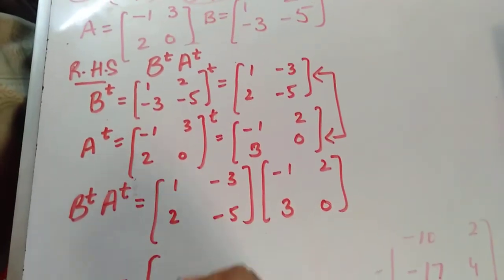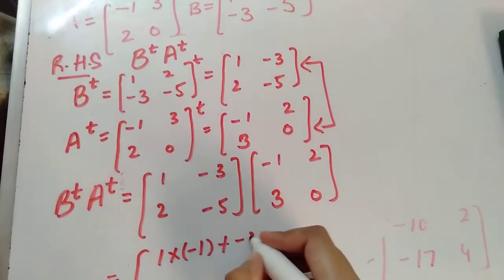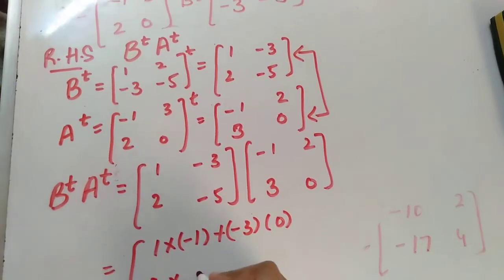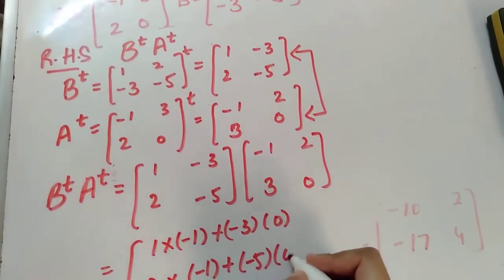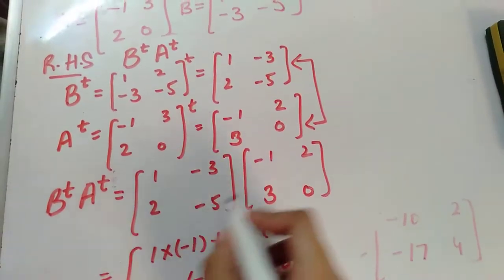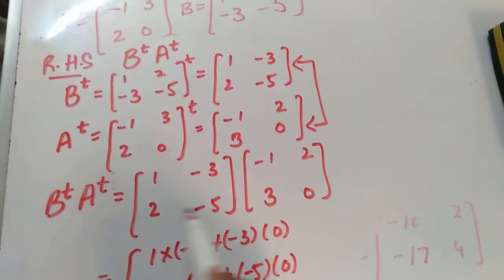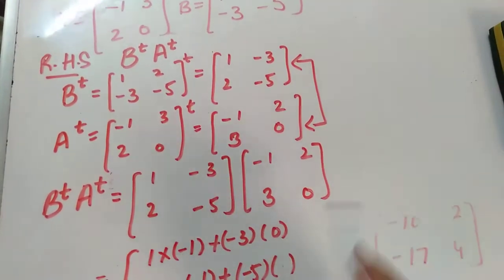Now we will multiply it. It will be 1 into -1 plus -3 into 0, 2 into -1 plus -5 into 0, this and this.